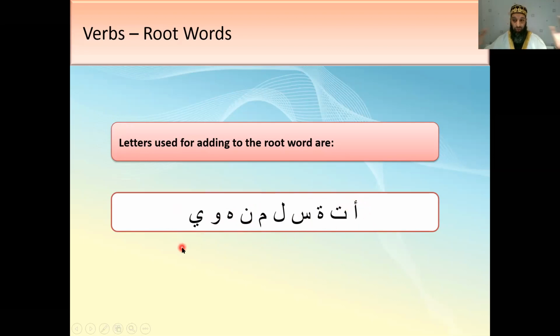So if you have that knowledge, you can look at a word and find out what the root word is. That comes with experience, with learning the patterns. Once you learn the patterns, you should be able to break the word down and recognize the root word. And if you know the meaning of the root word, then you can understand the word itself.